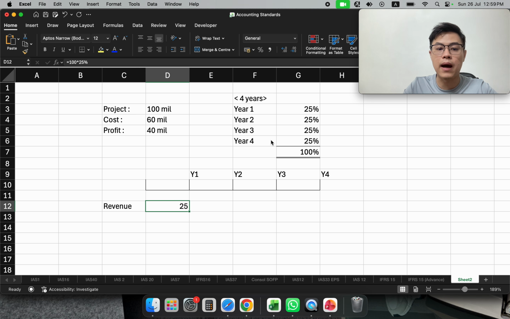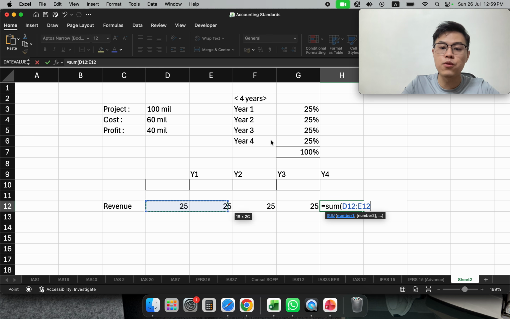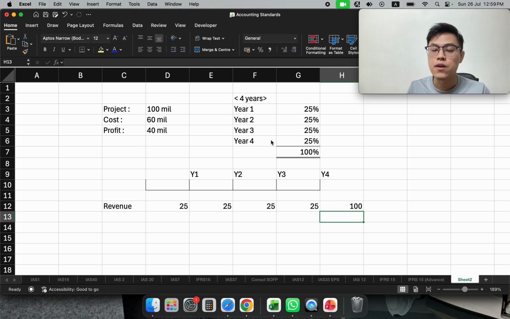I will debit my contract asset and credit my revenue. Likewise for year 2, year 3, and year 4. Therefore, we can fully recognize the entire project by the end of year 4, 100 million, and this will be split across the project period.